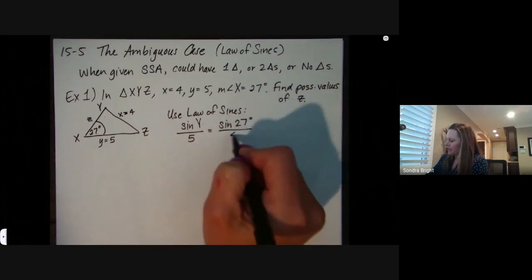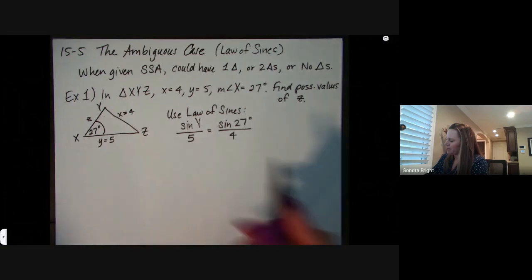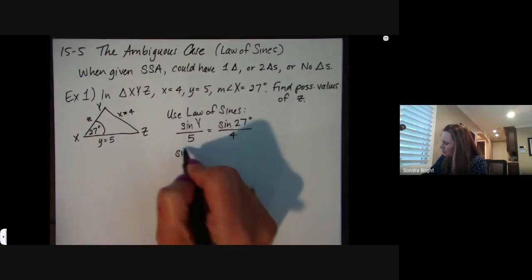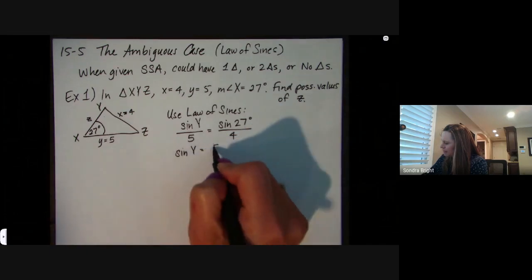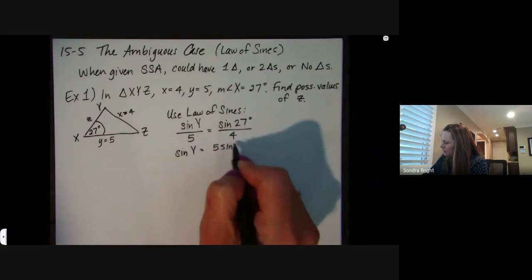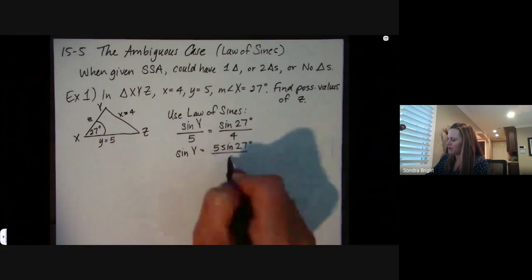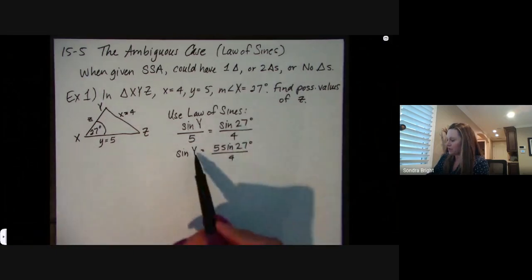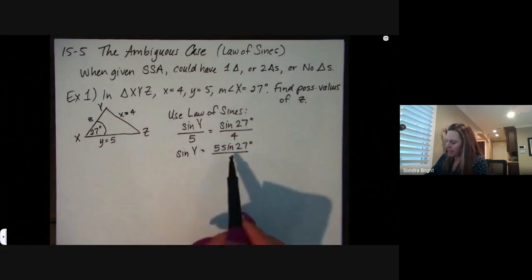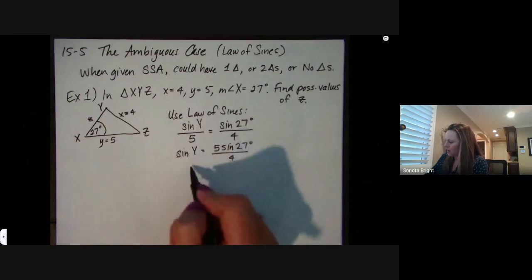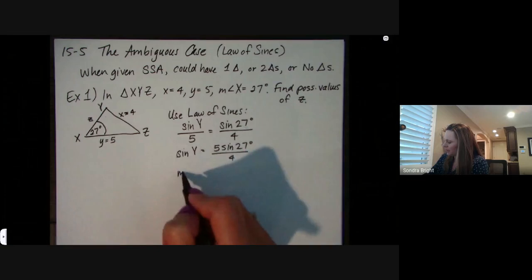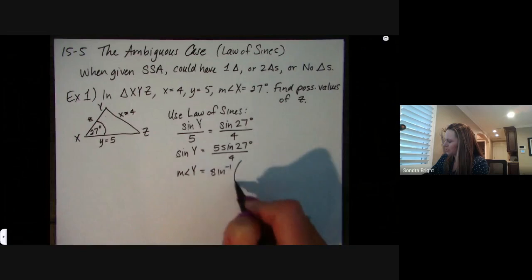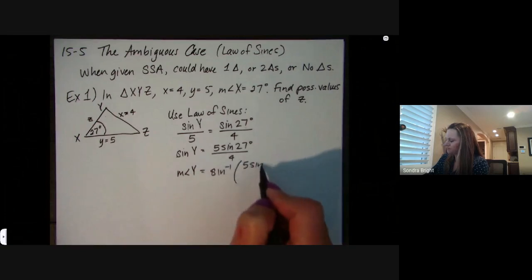And then you would multiply both sides by 5. Sine of angle Y is equal to 5 times sine of 27 degrees over 4. Then to solve for angle Y, you need to take the inverse sine of both sides, so the measure of angle Y will equal inverse sine of 5 times sine of 27 degrees over 4.